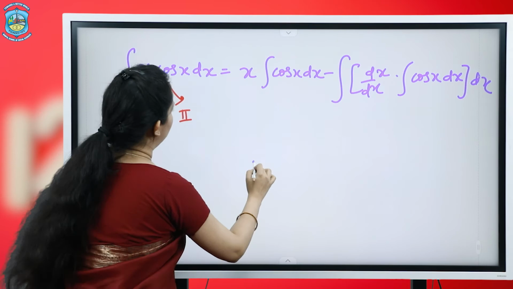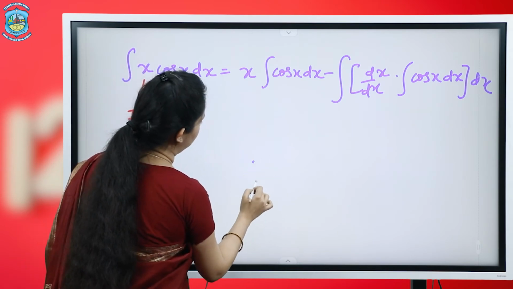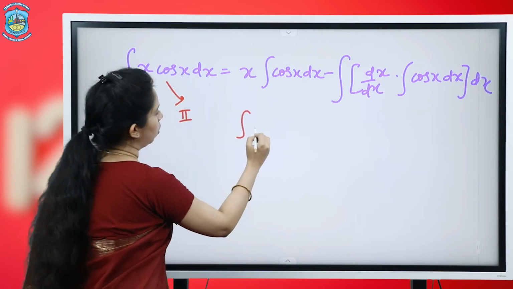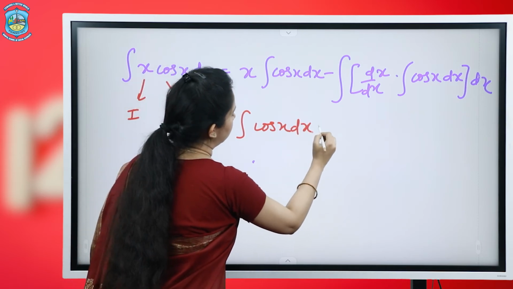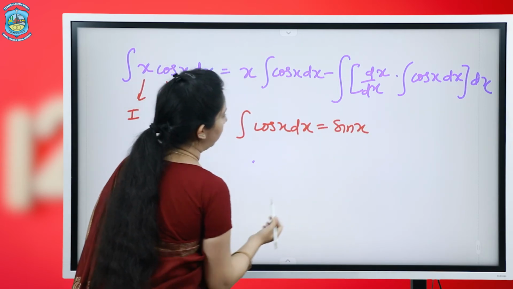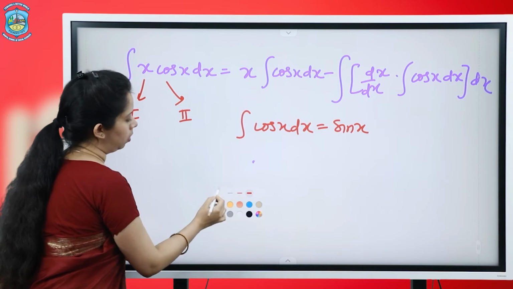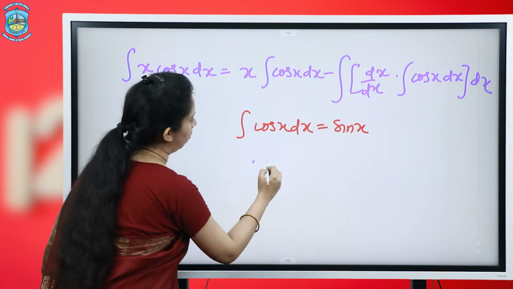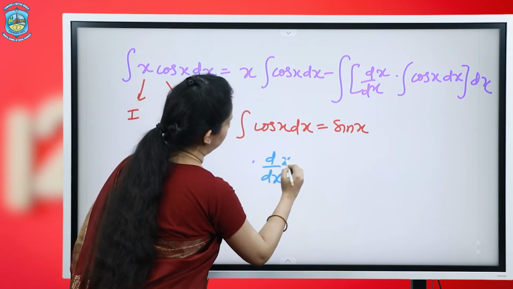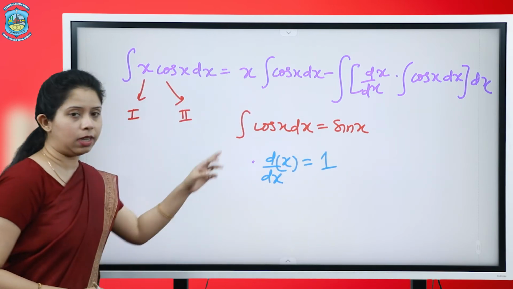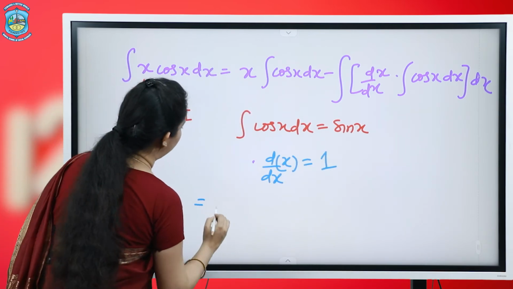As we all know, integration of cos x dx is sin x, and differentiation of x will be 1. So these are the two formulas we will use.